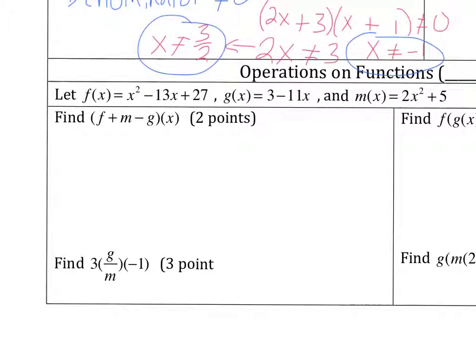Our next problem asks us to do some operations on functions. The first one asks us to do f plus m minus g of x. Please remember that the x at the end tells us what variable we're using. It does not tell us to multiply by x.